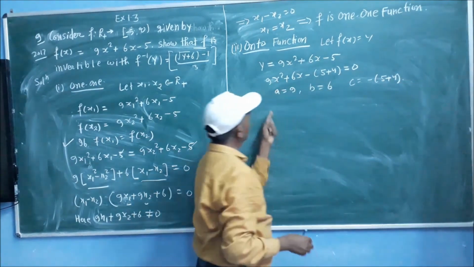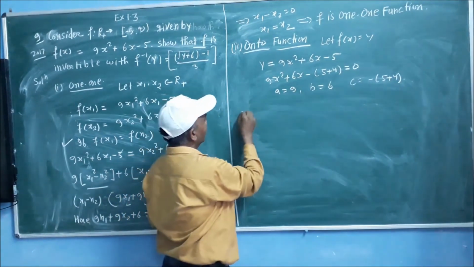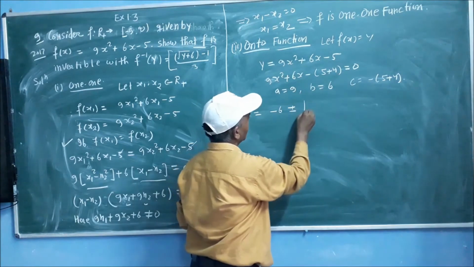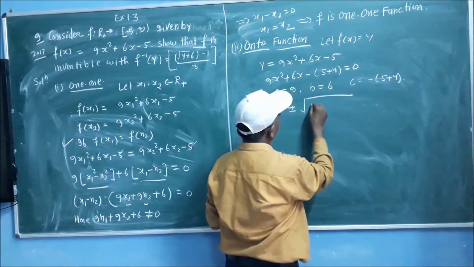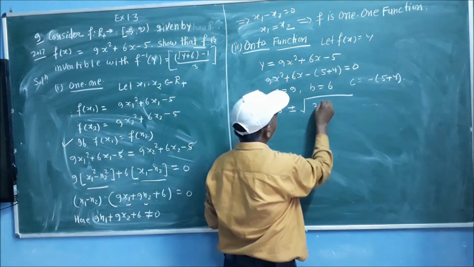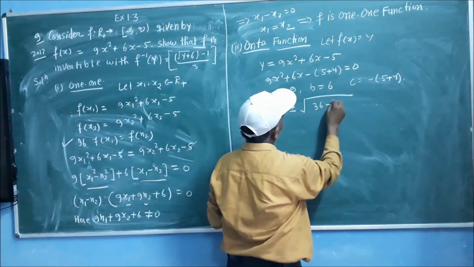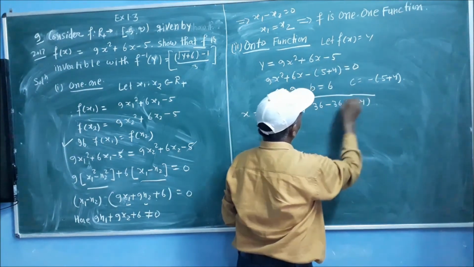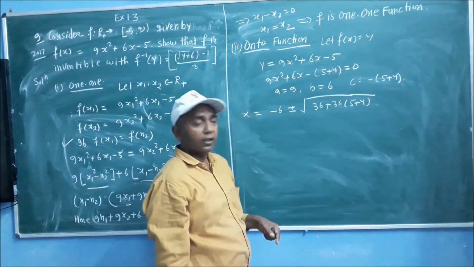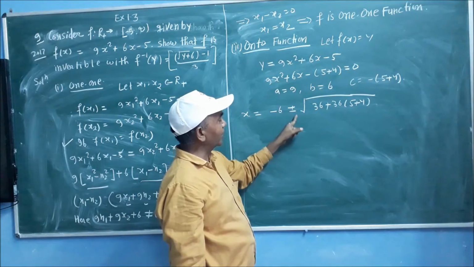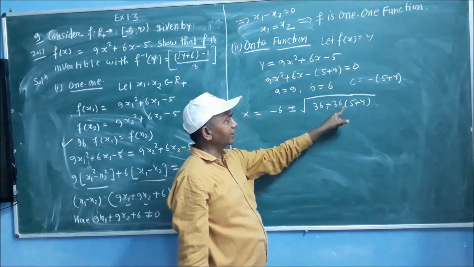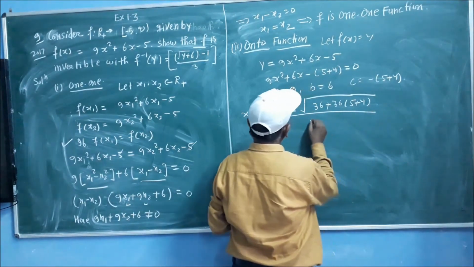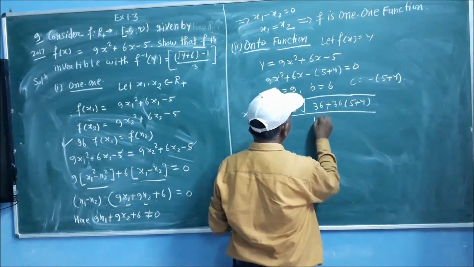So using the formula, you can find x will be equal to minus b plus minus under root b square minus 4ac. Here b is 6, 6 square is 36, minus 4 into 9 into (5 plus y), and the sign becomes plus. So x is minus 6 plus minus root 36 plus 36 into (5 plus y), whole divided by 2a, 2 into 9, that means 18.